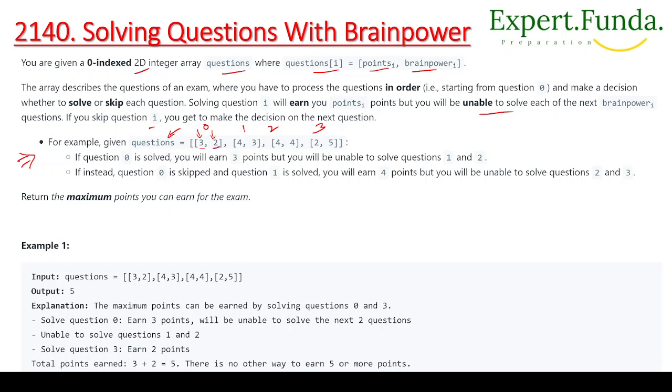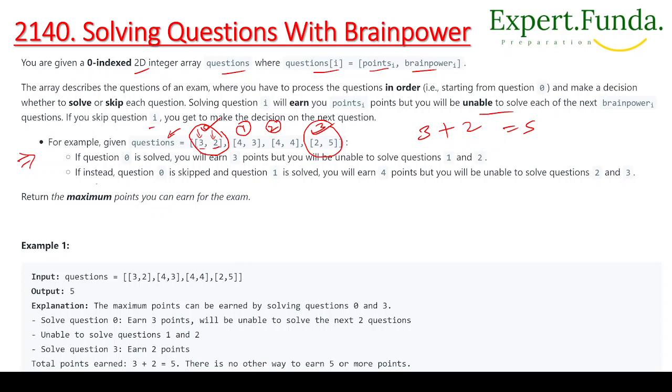These 2 questions you have to skip, and then you can solve this one and this one. So you are going to solve only these 2. What are the points we have? 3 plus 2. 3 is coming from index 0 and 2 is coming from here. So it will become 5. So the answer will be 5.